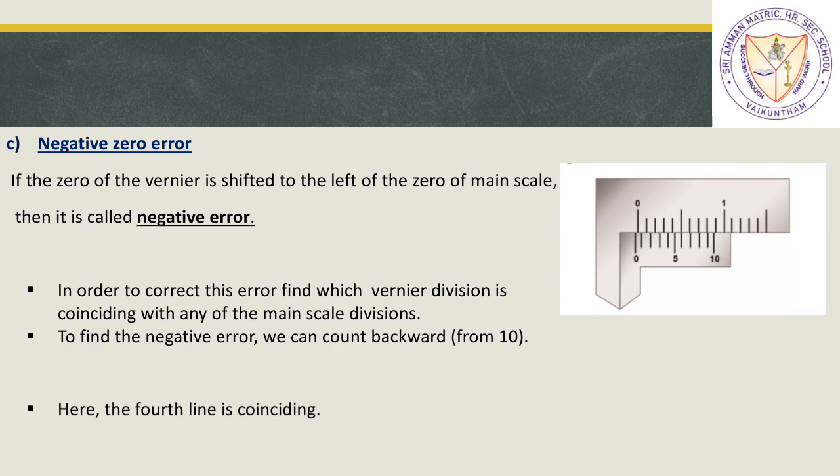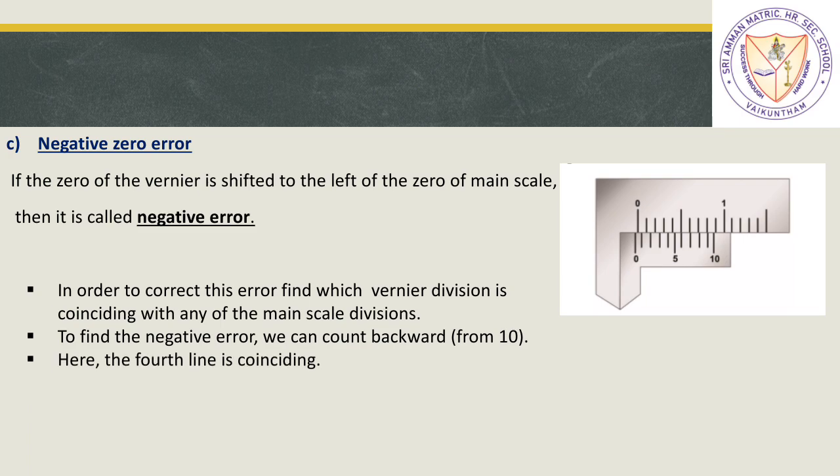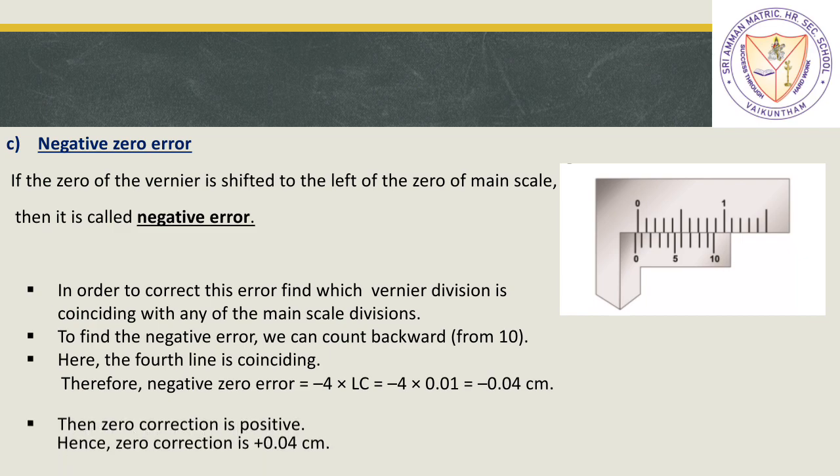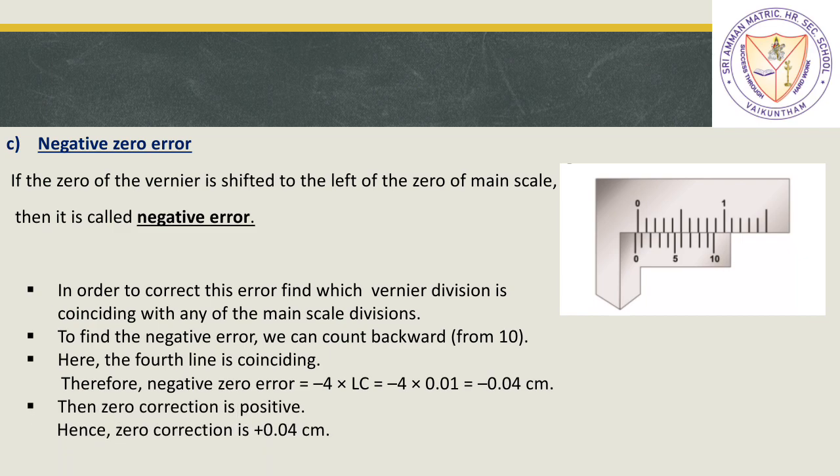So our division here will be the 4th one from the back. Therefore, the negative 0 error is minus 4 into least count, that is minus 4 into 0.01, which will give you minus 0.04 centimeter. Then the correction will be opposite of the error, that is positive. Therefore, 0 correction is plus 0.04 centimeter.